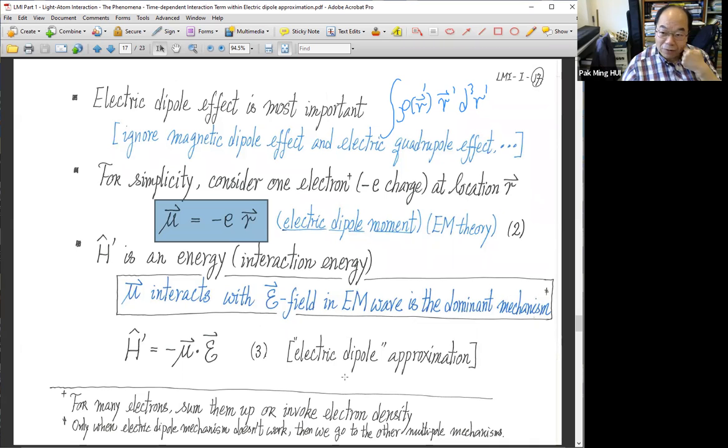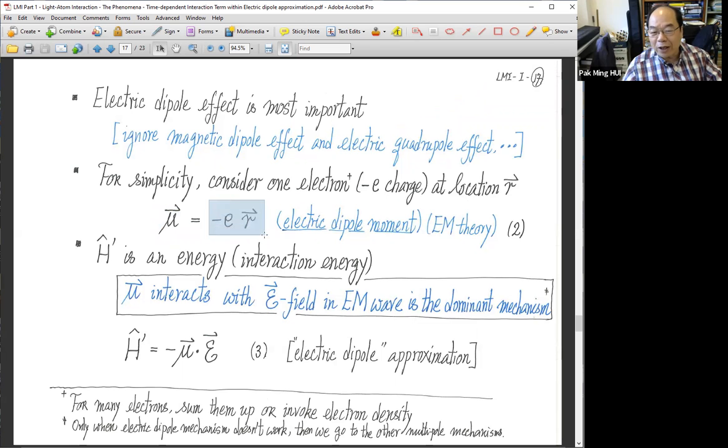Have you done anything called multipole expansion in E&M? Okay, so when you have one charge, you know that, okay, good. Now, if you have one charge, the charge density is a delta function at the location of that charge. Then you will have equation 2, all right? Now, if you don't know this, don't worry. We are doing just a single electron atom as an example. You just take this. Well, that has the right unit, first of all. What else can it be, okay?